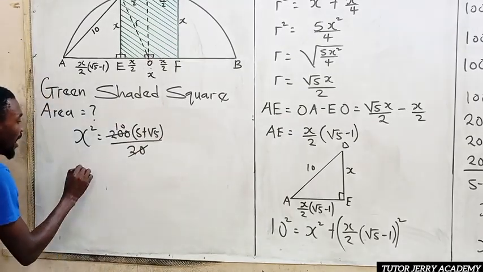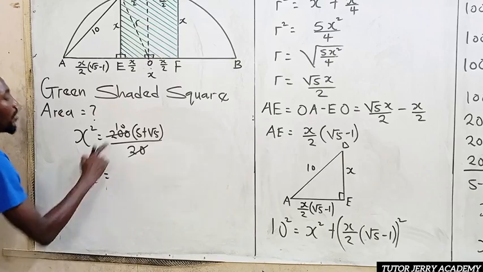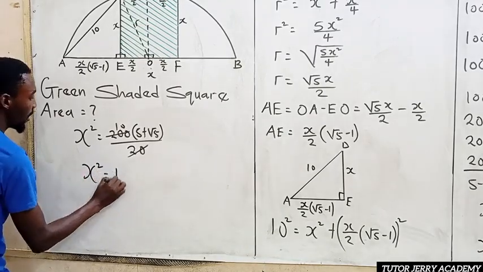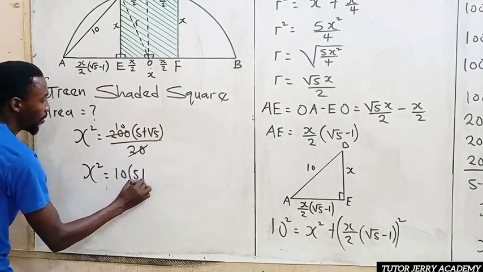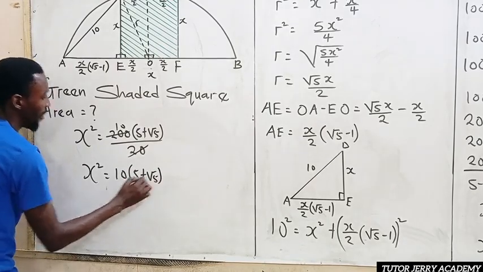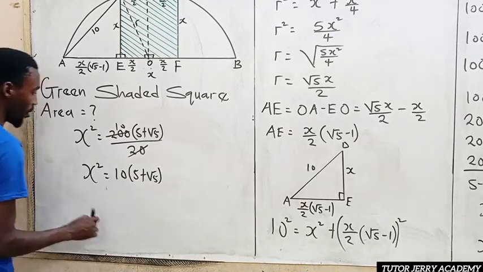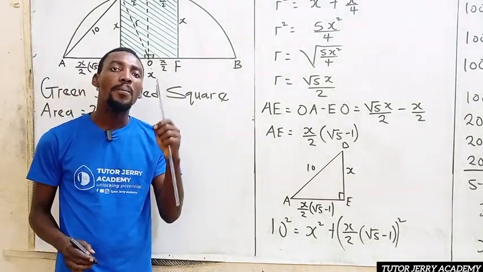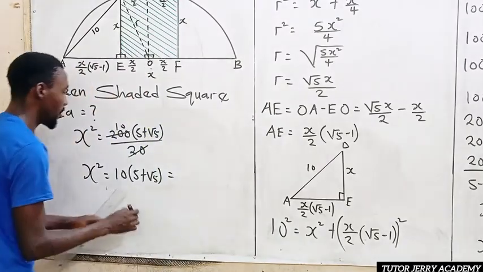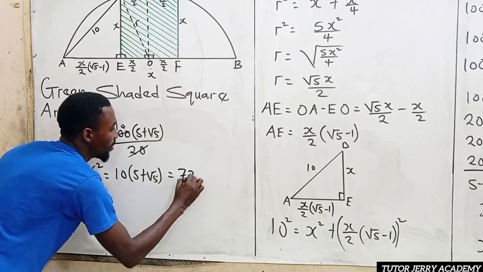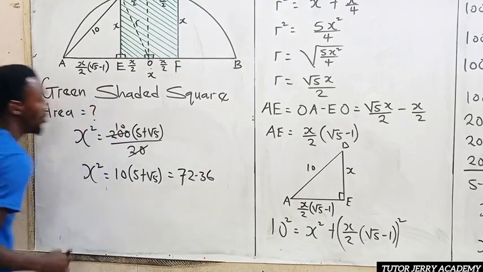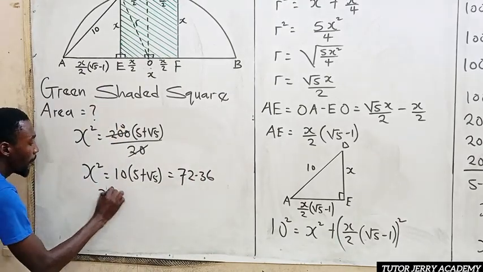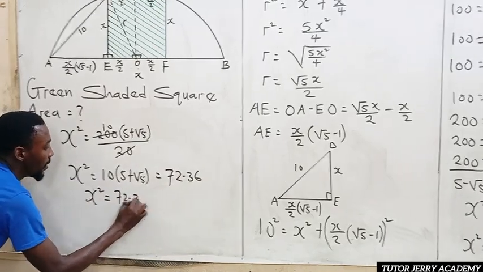So it shows that s squared will be equals to 10 into 5 plus root 5. So if you press this in your calculator, you are going to have 72.36. So it shows that s squared is equals to 72.36.